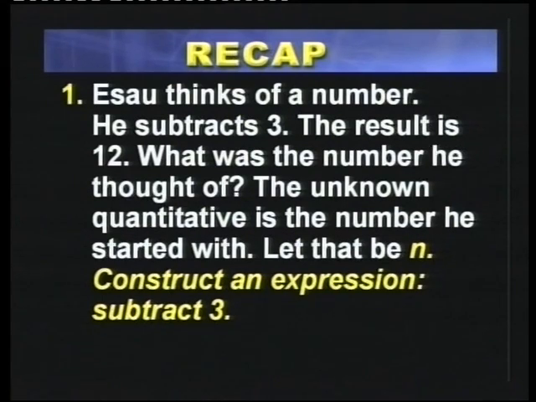Remember, we are now trying to write out the expression. The unknown subtract 3. So you should have n minus 3 as your expression. From the start, you should have written your expression as n minus 3. Let's move on.